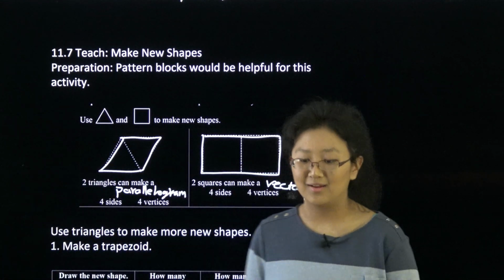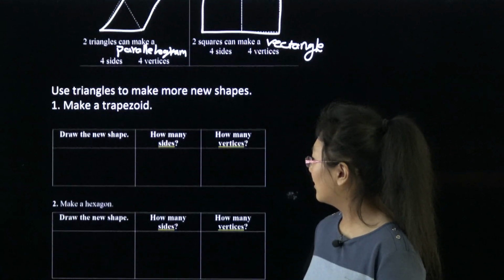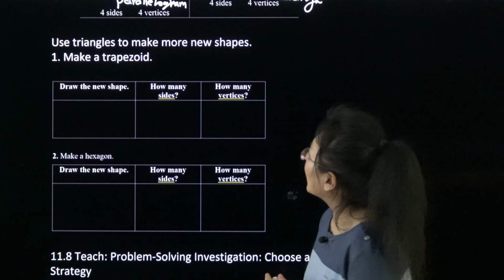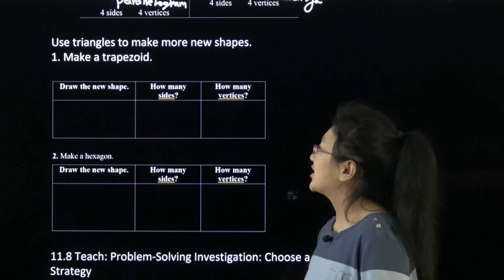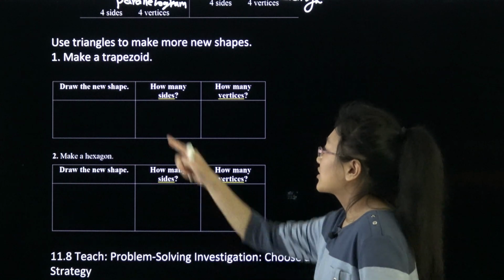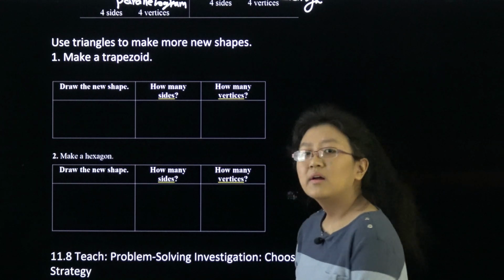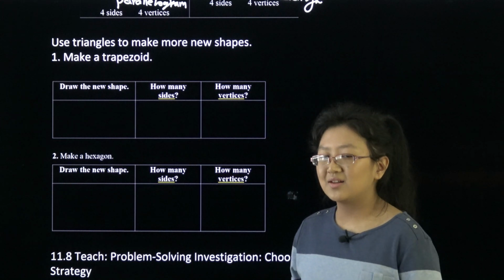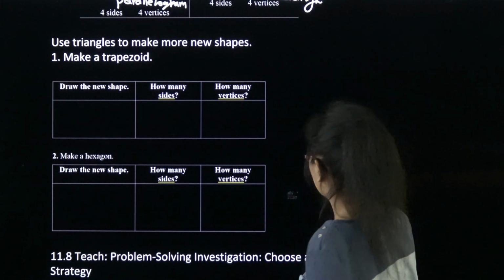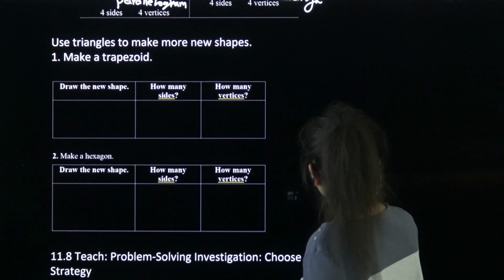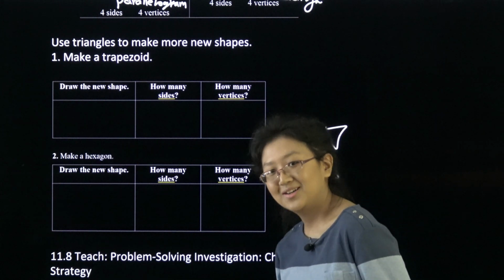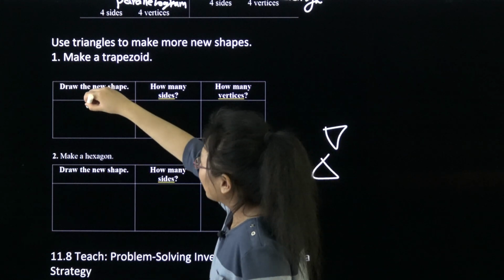Yay, exercises, right? Problems. Use triangles to make more new shapes. Question number 1, make a trapezoid. Now, if you don't have anything to draw with and you are just cramming triangles with other triangles and hoping that it works, it doesn't really work. It's not that easy to do.